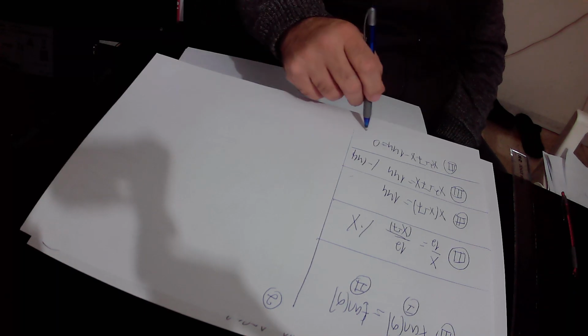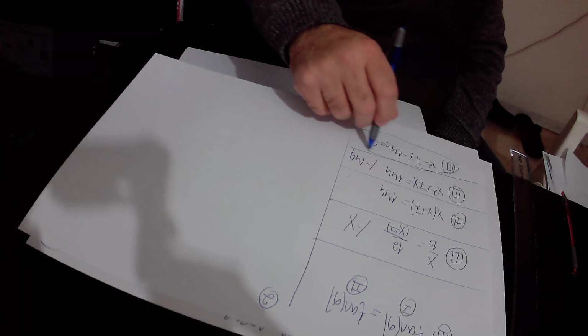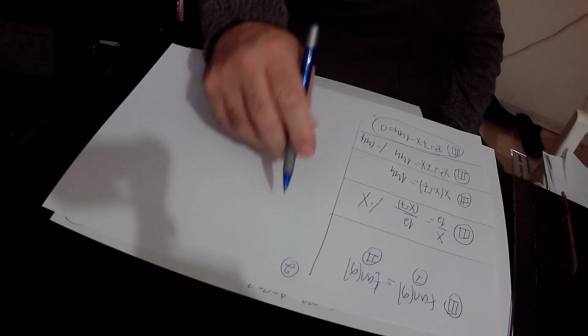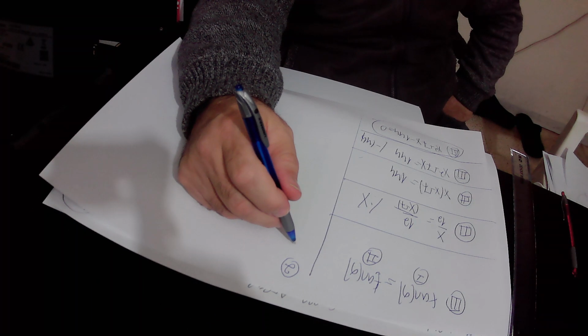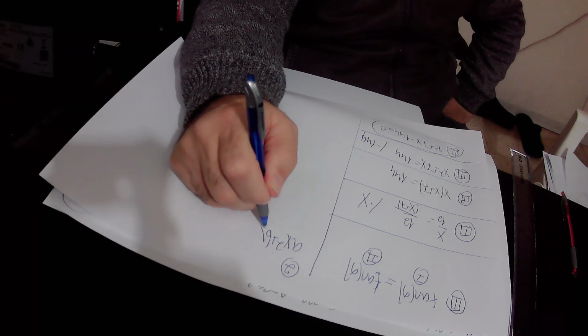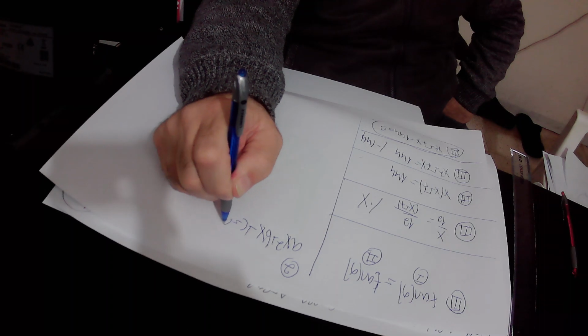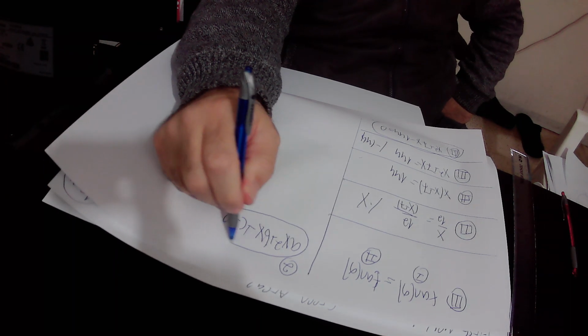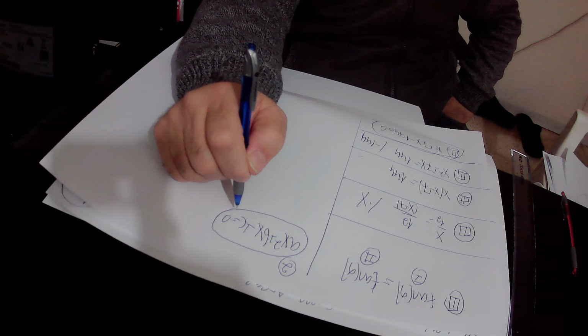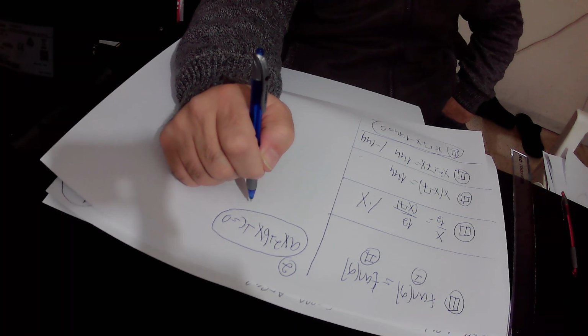So here we have a quadratic equation, and the general formula for a quadratic equation is ax squared plus bx plus c equals 0. In this general formula, a, b, and c are the coefficients of the quadratic equation, and x is the variable that we are looking for.